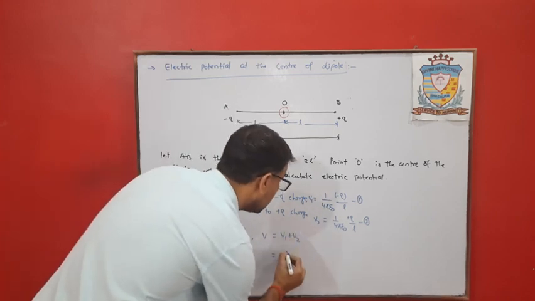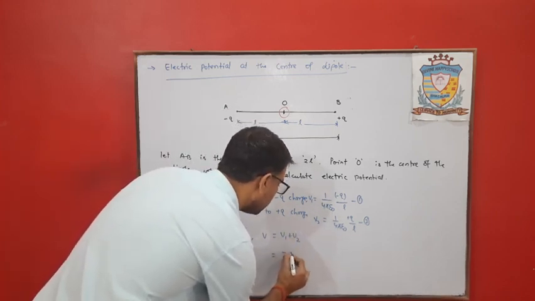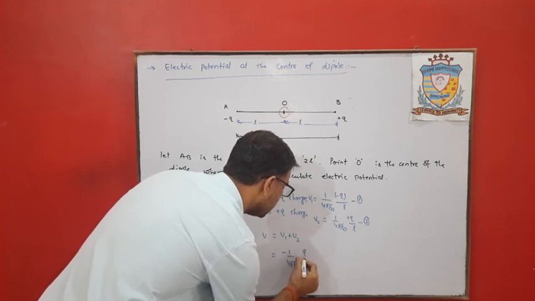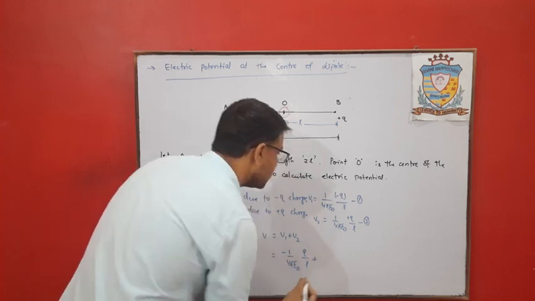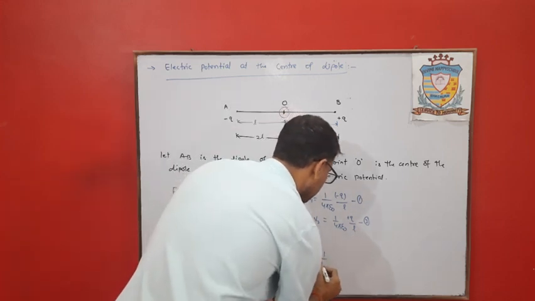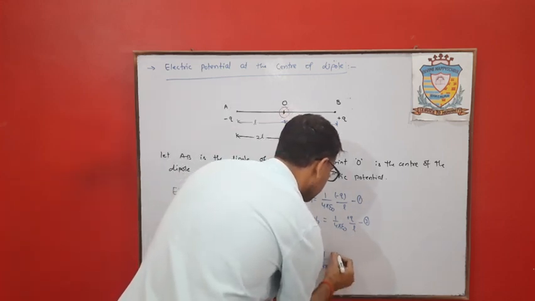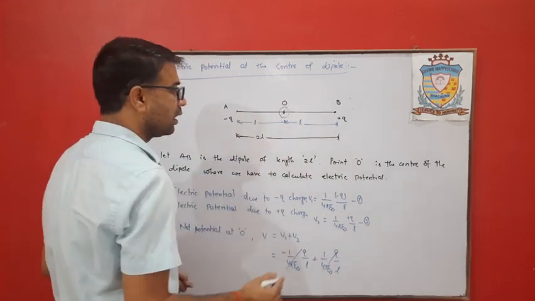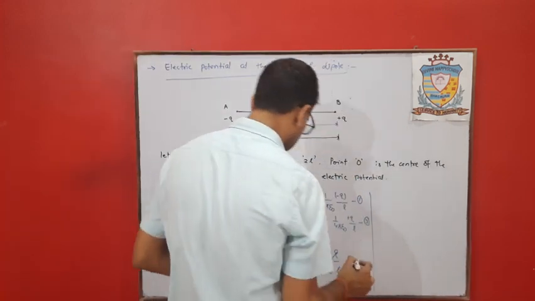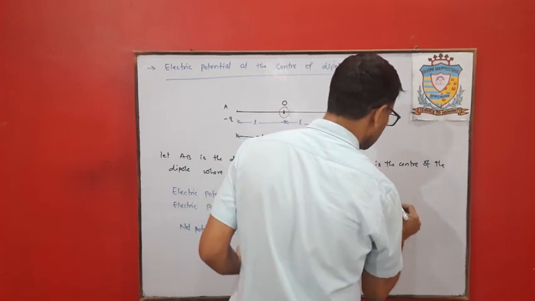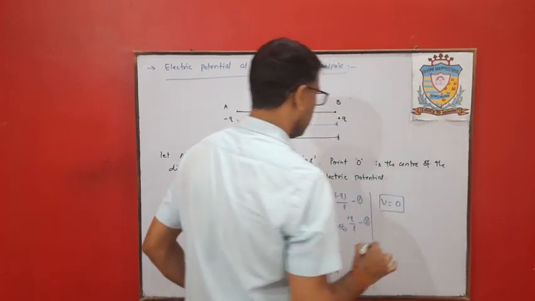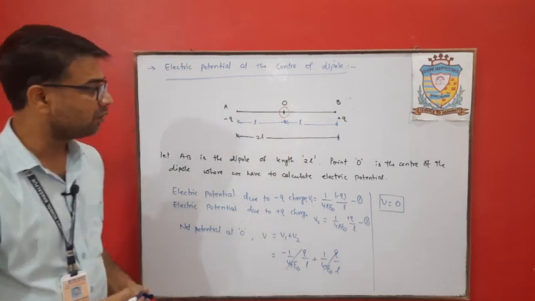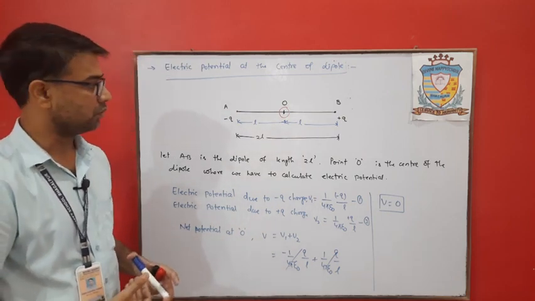Now in place of V1, minus 1 upon 4 pi epsilon naught q by L, plus V2, 1 upon 4 pi epsilon naught q by L. These two will cancel out. So the net potential V is equal to 0. So at the center of the dipole, the value of net potential will be 0.